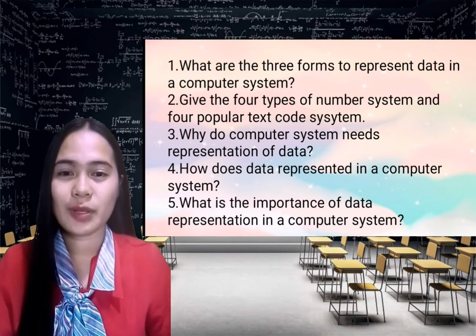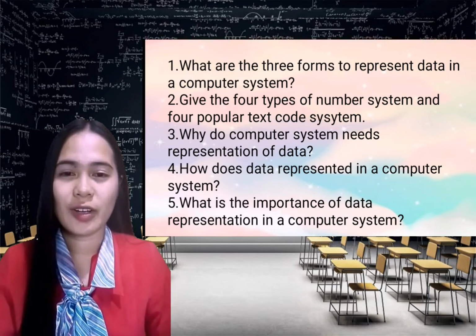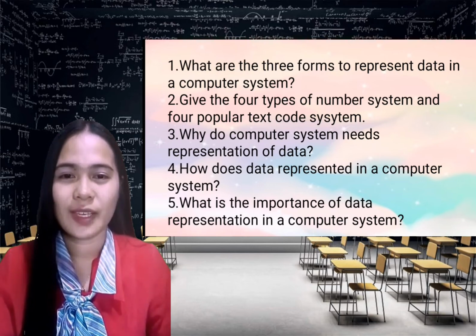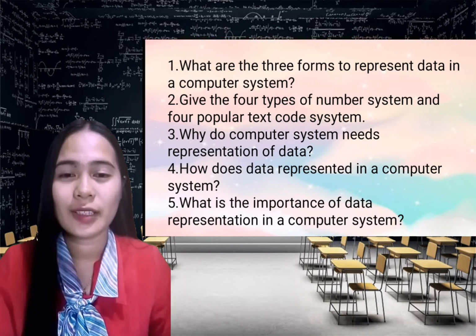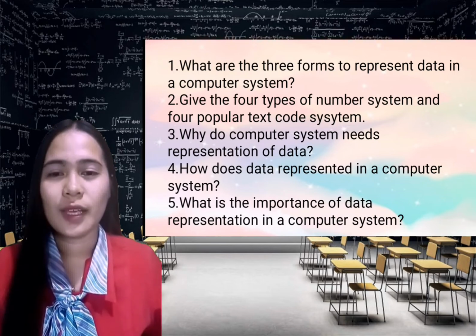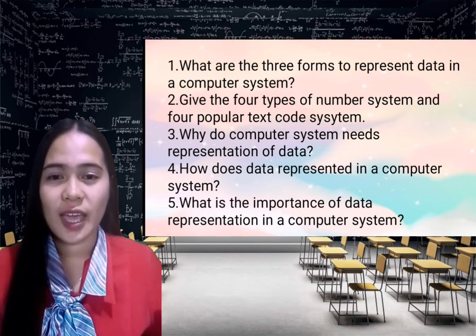So the 4 types of number system are octal, binary, decimal, and hexadecimal. How about the 4 popular text code systems? Who can answer? So the 4 most popular text code systems are the EBCDIC, ASCII, Extended ASCII, and the Unicode.